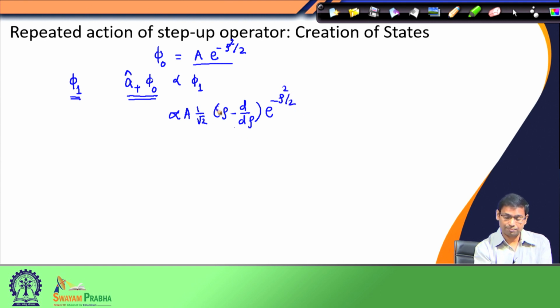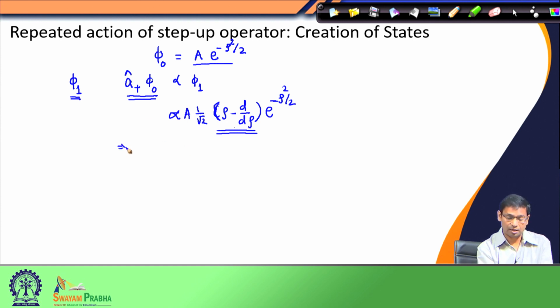The reason why I am bringing this to the left side is that it is important for you to realize that rho is an operator whose action is simply multiplication, but this is a differential operator. So I have to differentiate the function that comes after this operator with respect to rho. Now I have some normalization constant, and I again have to renormalize this new function.